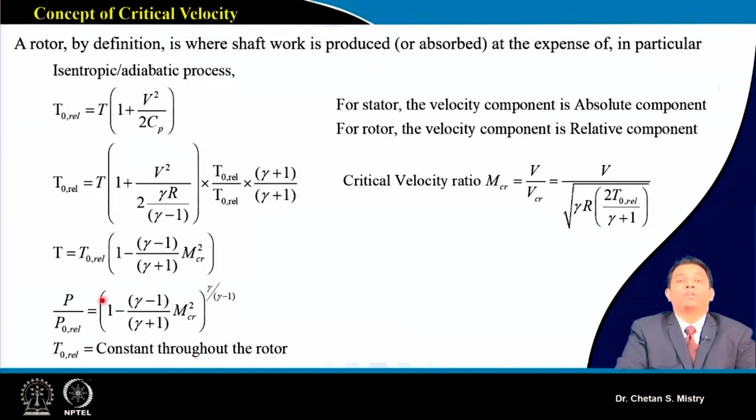Maybe at the hub my static pressure, and at the tip my static pressure, may be known to me. By using thermocouples, we can have the temperature value available. Maybe for the design configuration, mass flow rate is known to me, or it may not be known. Rotational speed data is also available with me. So now the question is, with all this database, I need to check what my pressure ratio will be.